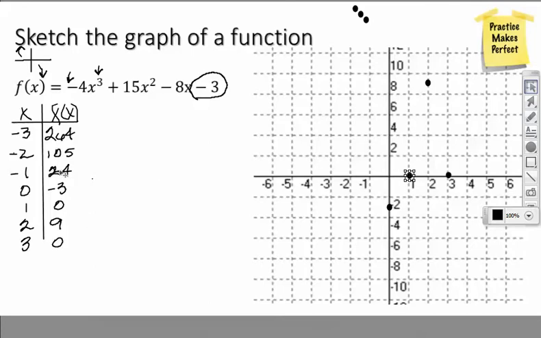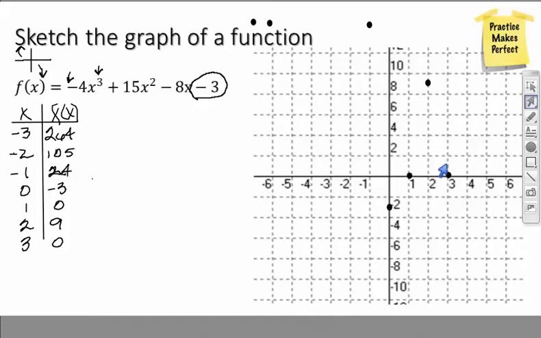And then I'm just going to kind of give myself an idea. We've already plotted the y-intercept. So for -1 and 24, I'm going to move these dots out of the way. I'm just going to eyeball it. You know, I know that there's no way that that's 24, but that lets me know how my graph is going. So you can look at this and you can tell already that my end behavior, look down in the bottom right corner.